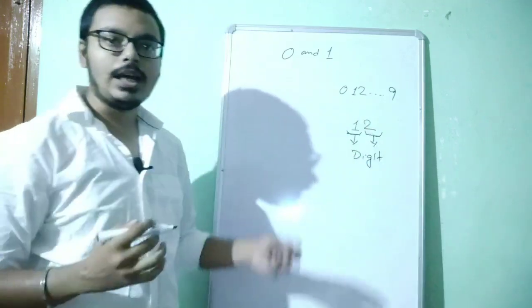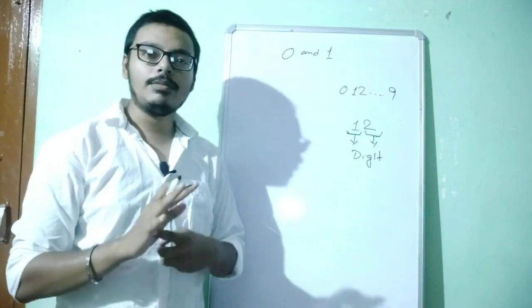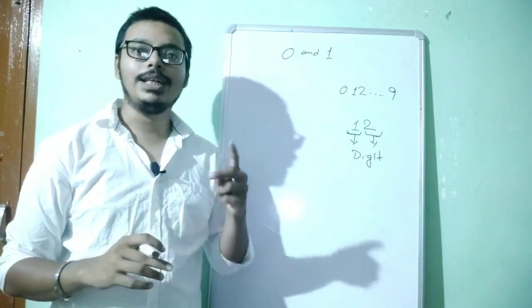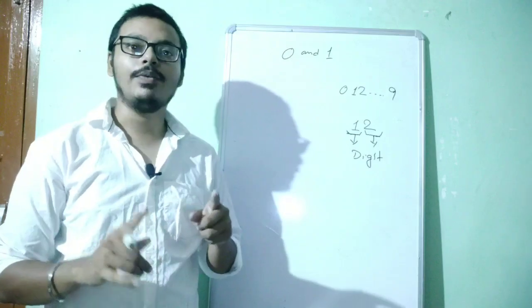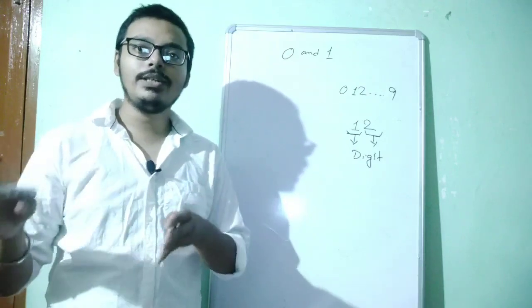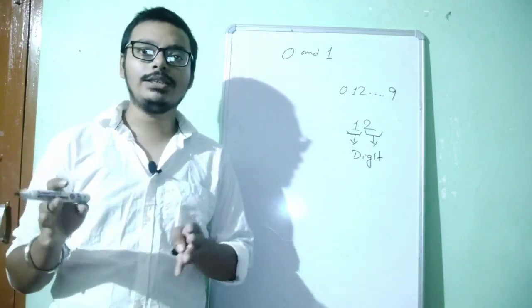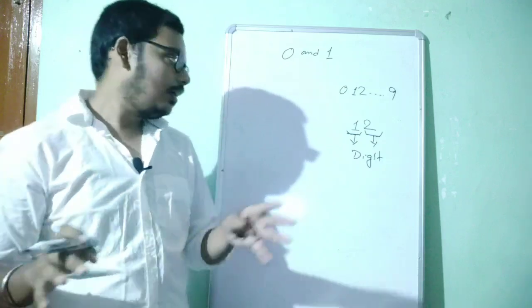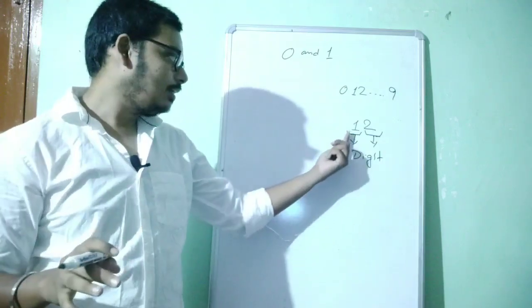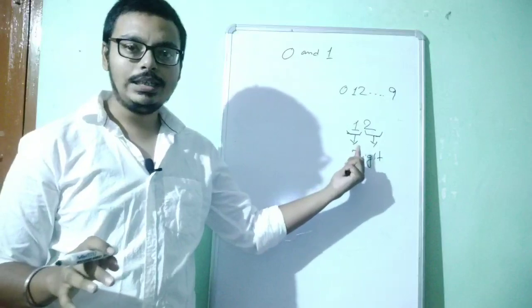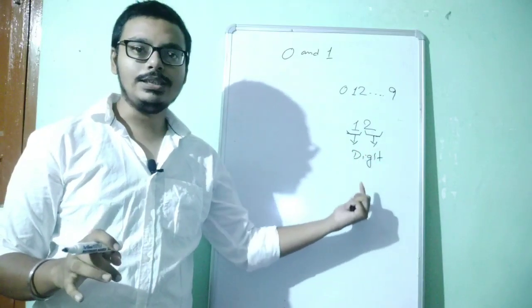Say if I say 1, that 1 is a digit. If I say 9, that 9 is a digit. When I combine 2 or 3 digits, then we call it a number, right?